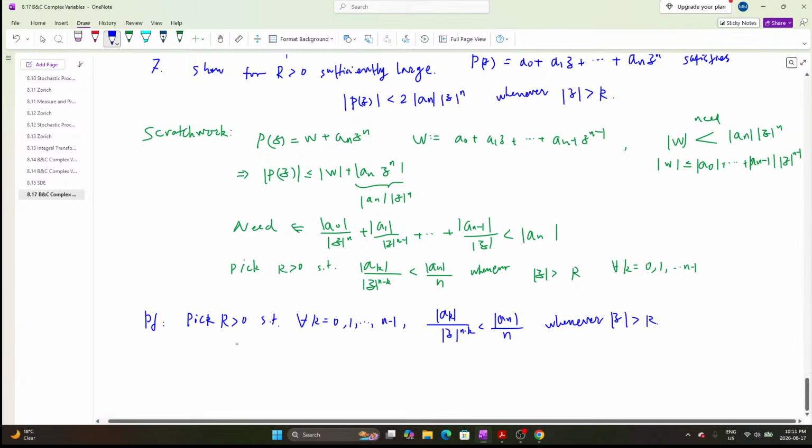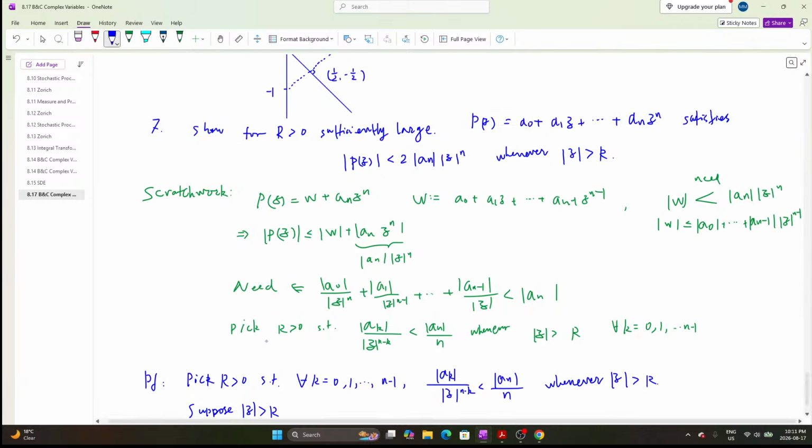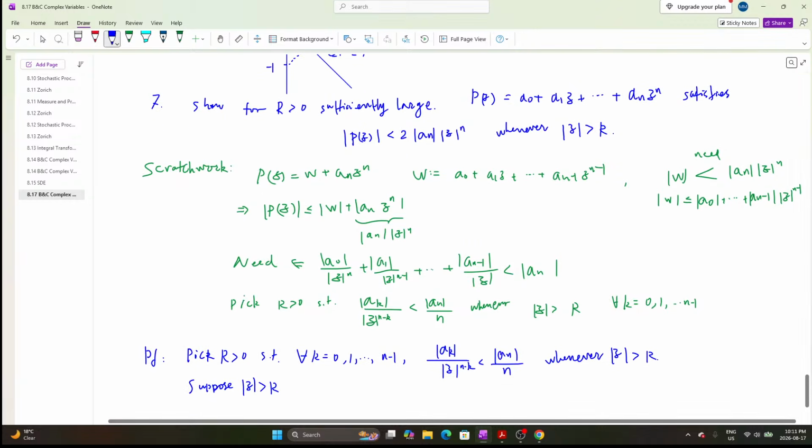We have that, and now let's suppose the modulus of z is greater than r. So we want to pick r up front, and then verify the property.